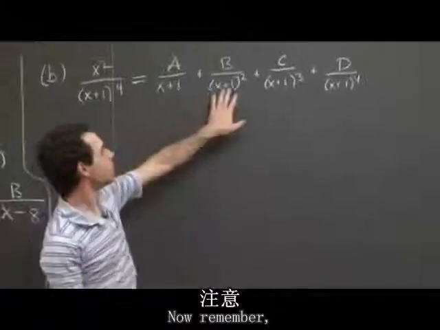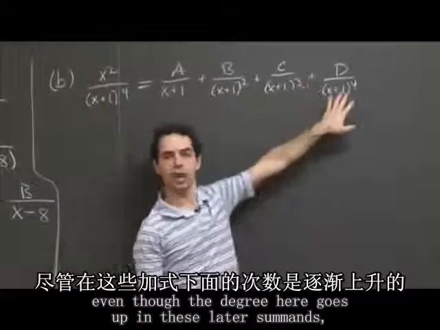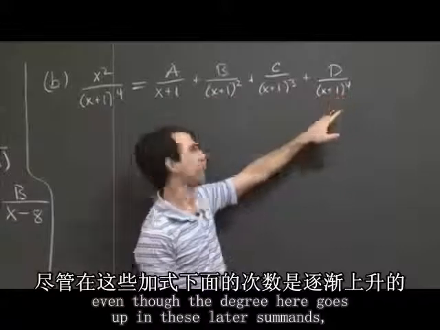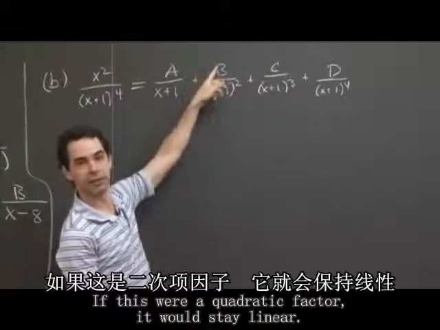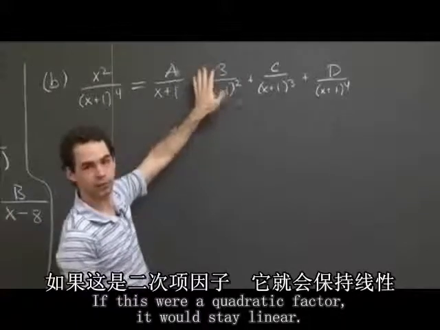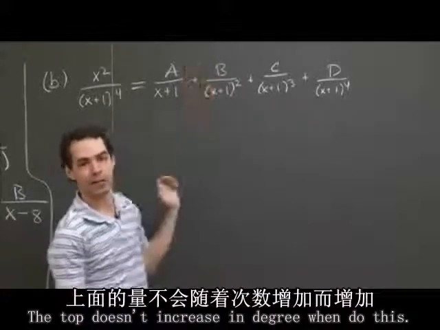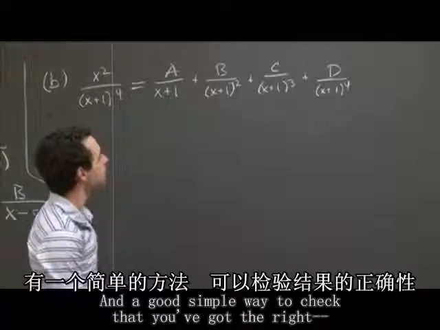Now remember, even though the degree here goes up in these later summands, what stays on top is the same. It just stays a constant. If this were a quadratic factor, it would stay linear. The top doesn't increase in degree when you do this.